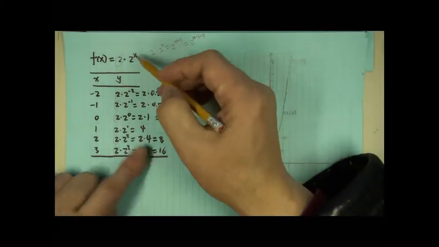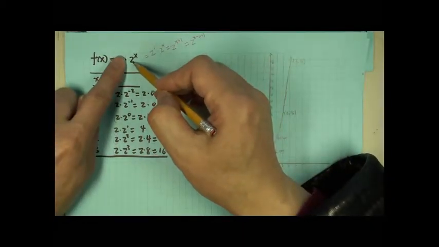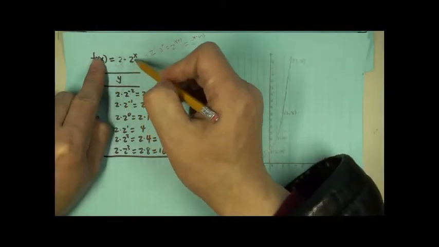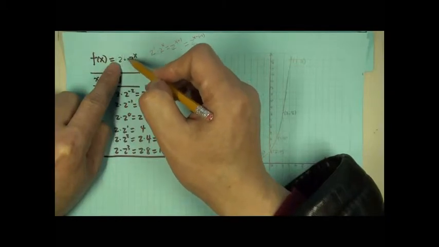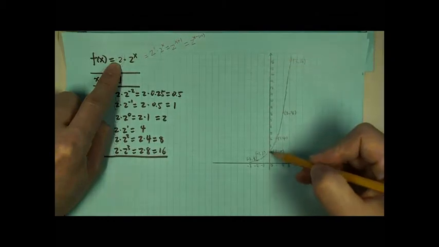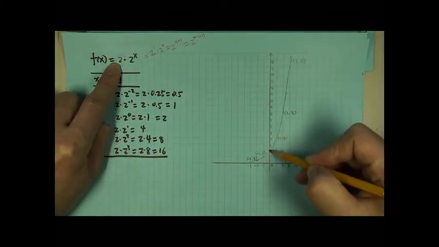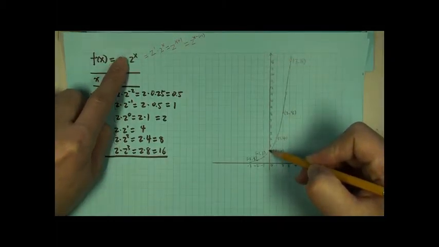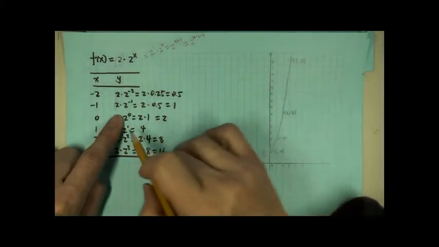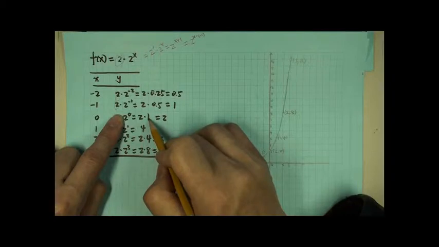Again, the base is greater than 1, so the function is increasing. And this constant 2 in front of the original exponential function changes the y-intercept. That's the point I want to make. Previously, what was the intercept? X is 0, you have 2 to the 0, you have 1.